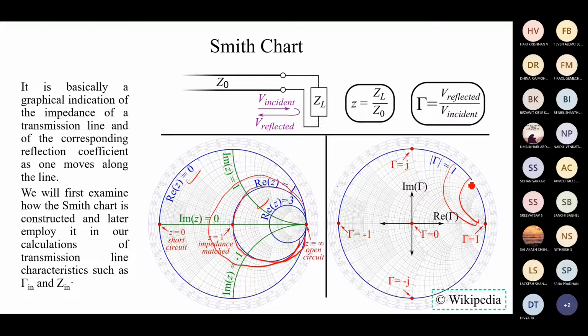They are exactly orthogonal to the rest. While one set of circles moves this way, the other moves in the orthogonal direction. By combining these real and imaginary circles, the Smith chart was invented.